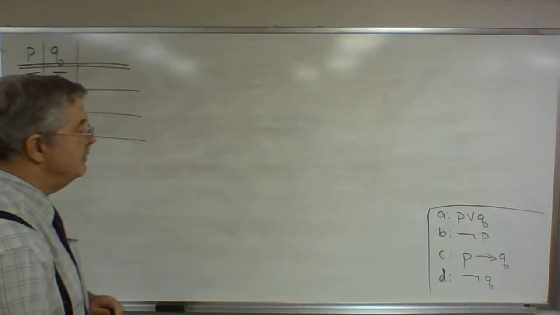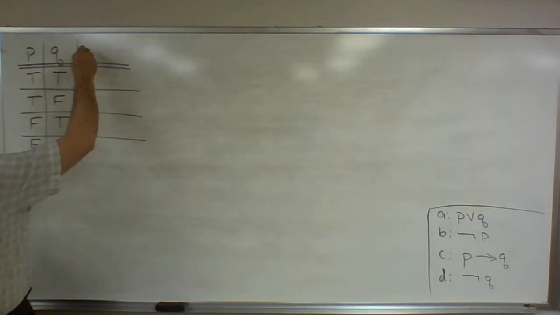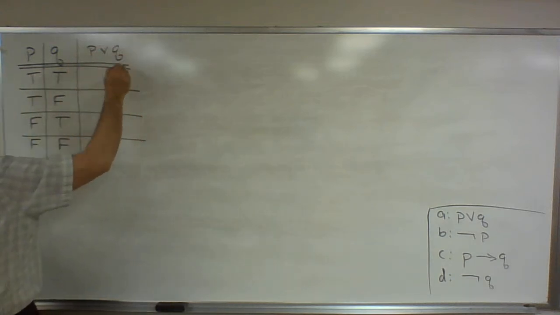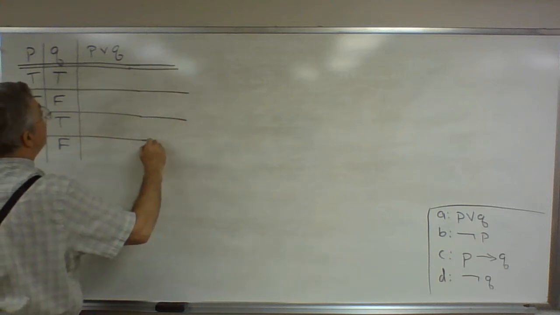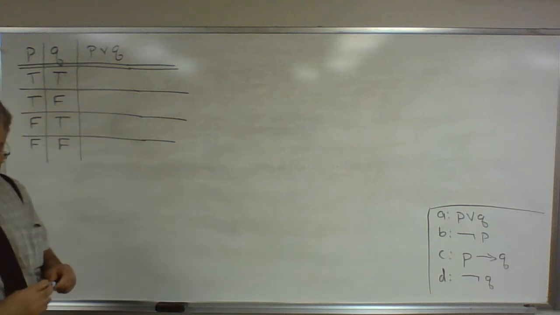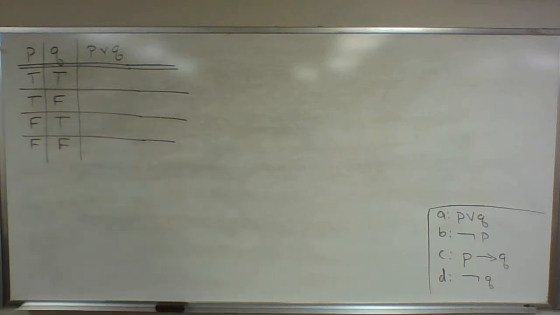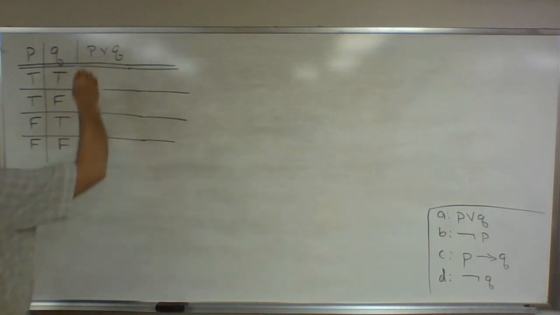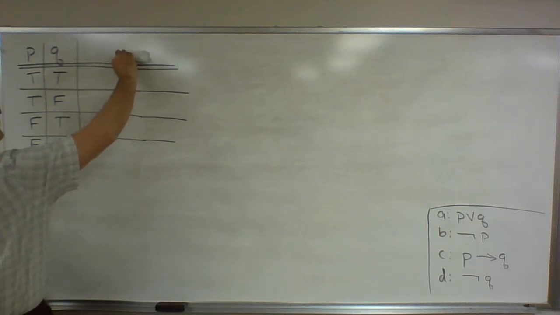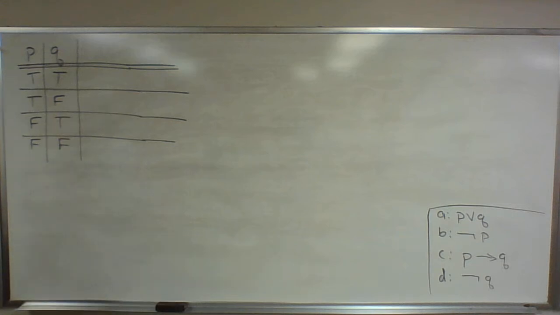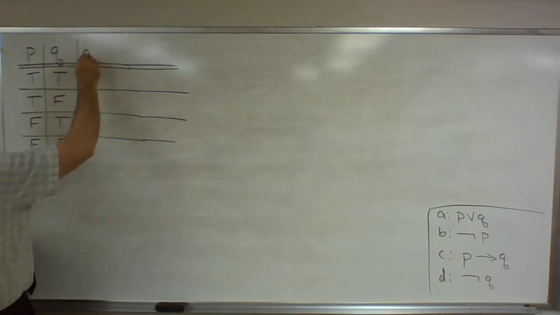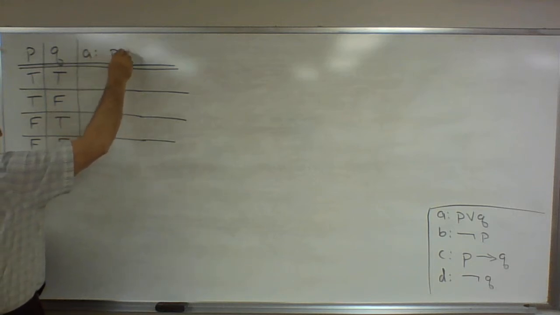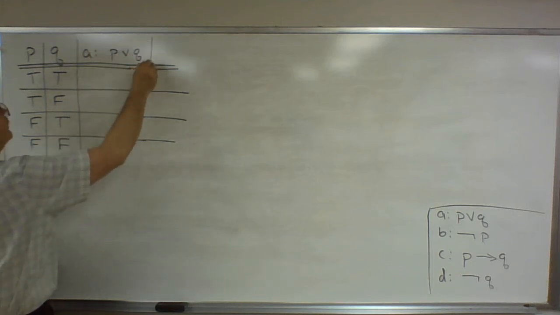First we have P or Q. And you know what? I want to change that just a little bit because I also want to include the information that this is specification A. So A is P or Q. There we go.